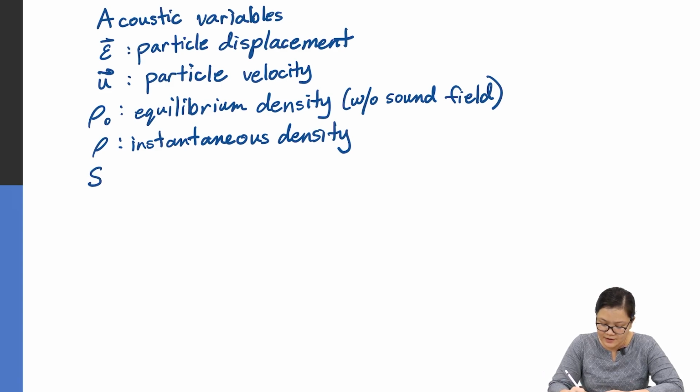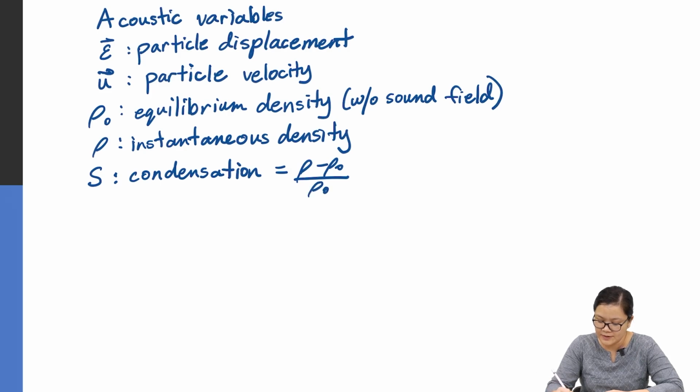We also define a condensation parameter, which is denoted by S. And that is defined by rho minus rho naught divided by rho naught. So the instantaneous density minus the equilibrium density divided by the equilibrium density.